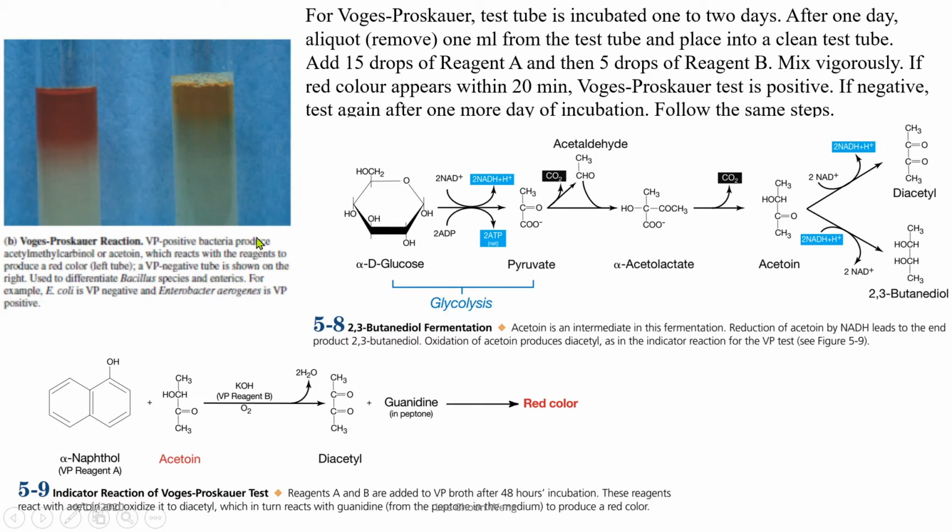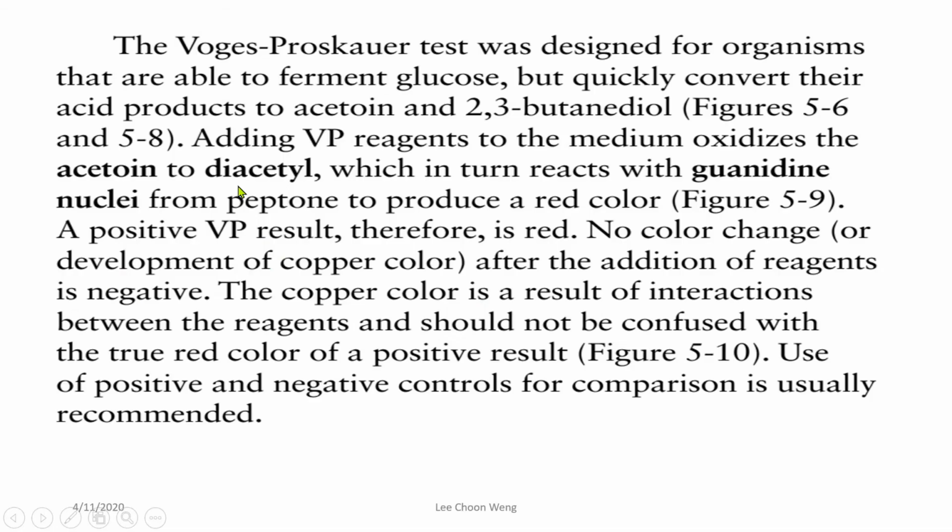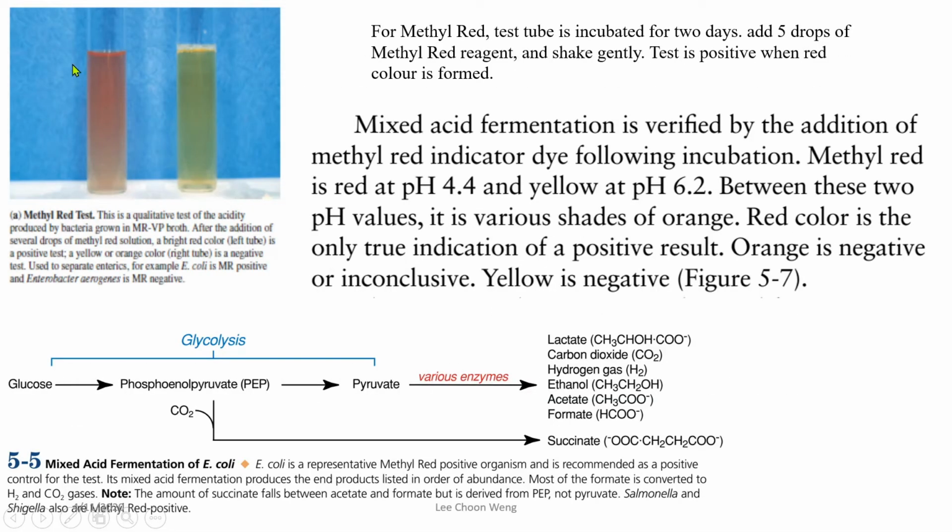When we add the reagent, which is the alpha-naphthol reagent, into the Voges-Proskauer tube, it will react with the acetoin and form a reddish color. So this is positive for VP, and this is positive for MR. We usually do these together.